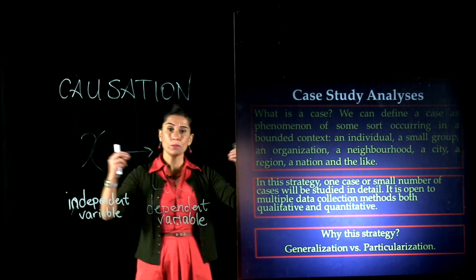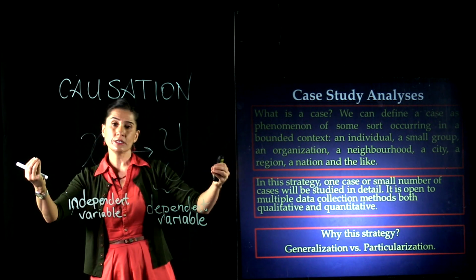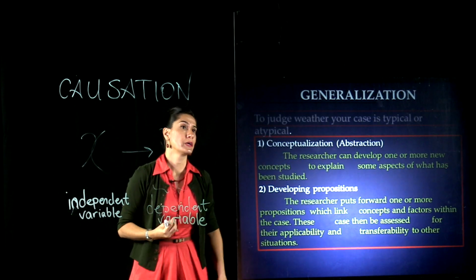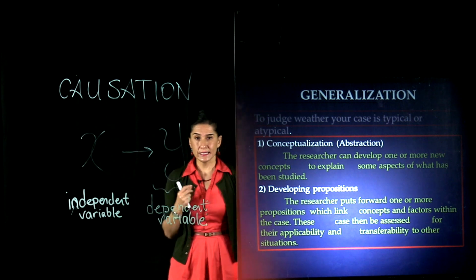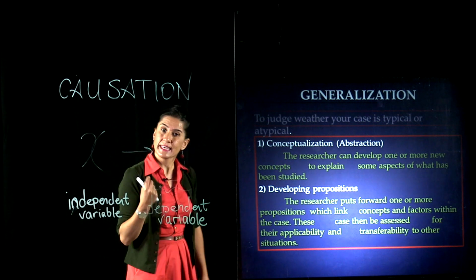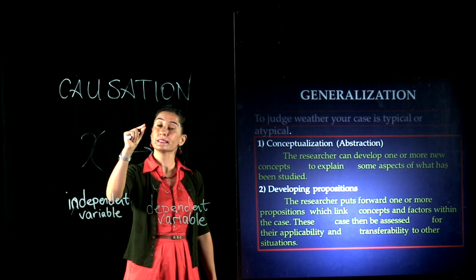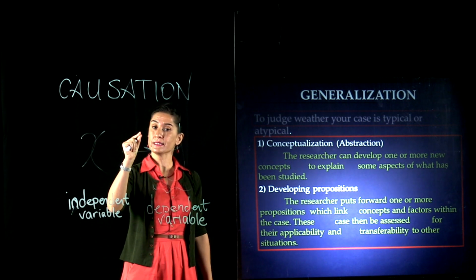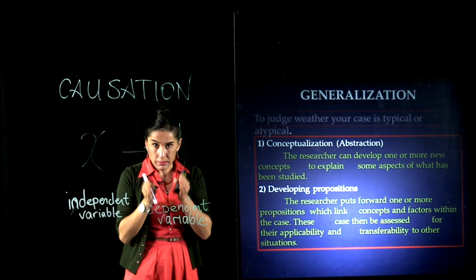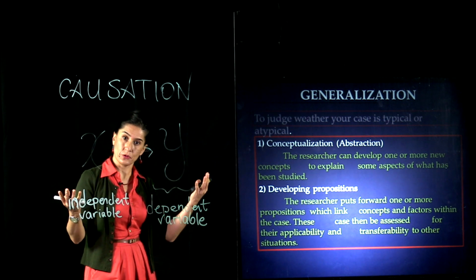Well, the objective is varying between generalization and particularization. So if it is a case to generalize, it is usually a case of a larger group. So you are picking one particular case and you are arguing that this case is representing a larger population. Therefore, by focusing on this particular case, you would be able to generalize the findings of your research.